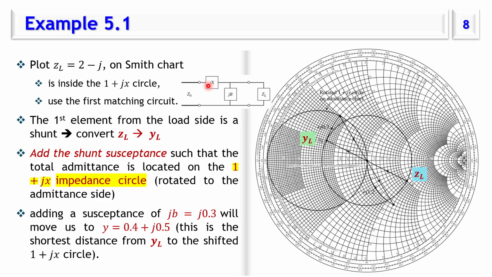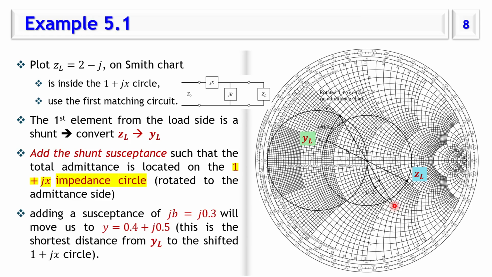Now this z input would move on the same resistance circle because jx is reactive, so the real part will be unchanged. What is the real part here? It's 1 plus something, because this circle is 1 plus something. So the z of those two shunt elements would be on the 1 plus something circle.